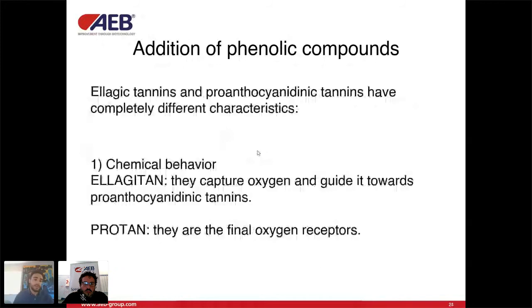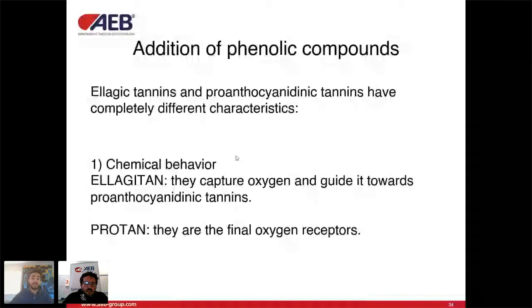To understand how you can use different products, you have to understand how they behave differently. In fact, ellagic tannins and proanthocyanidic tannins behave very differently, because the ellagic tannins help to capture the oxygen and help create acetaldehyde.